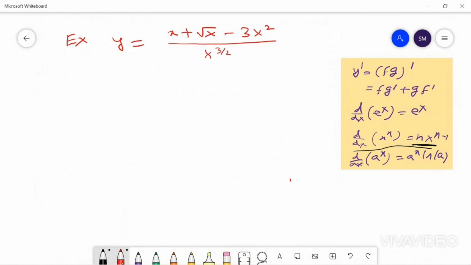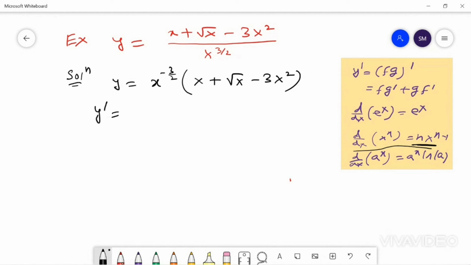In this example, the function is given as a kind of numerator over denominator. For the product rule, we need to rearrange it this way: x^(-3/2) times (x + √x - 3x²). Now it is in product form and we can apply the product rule to solve this problem.